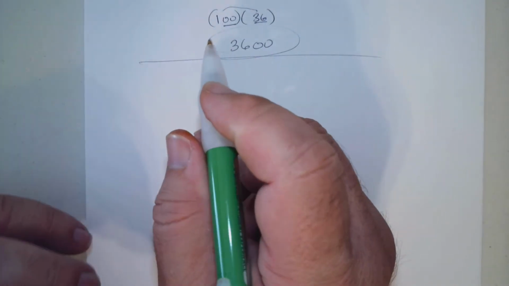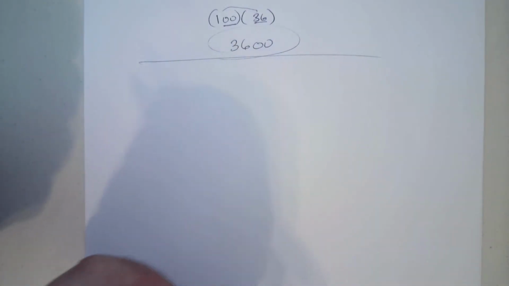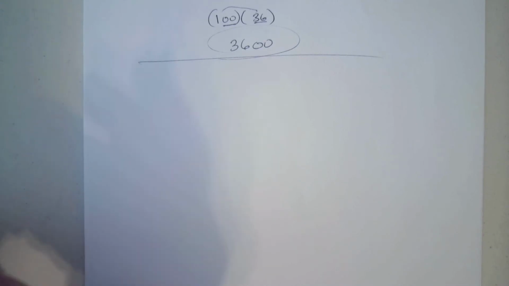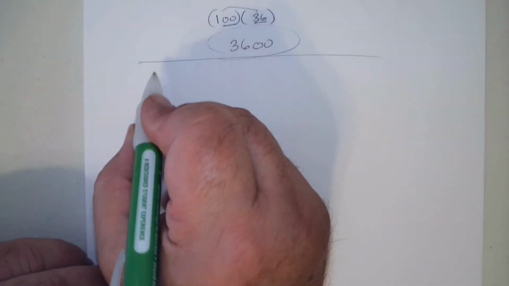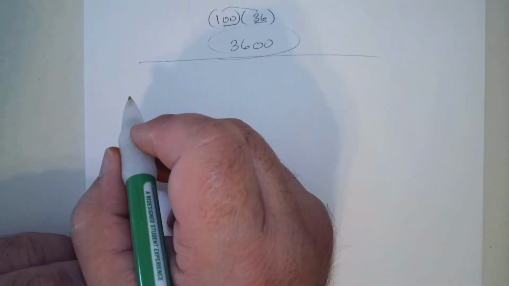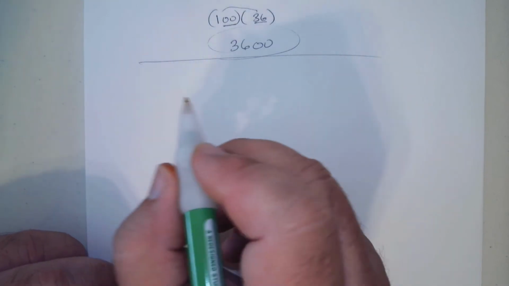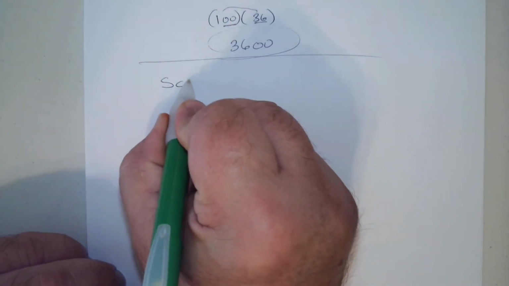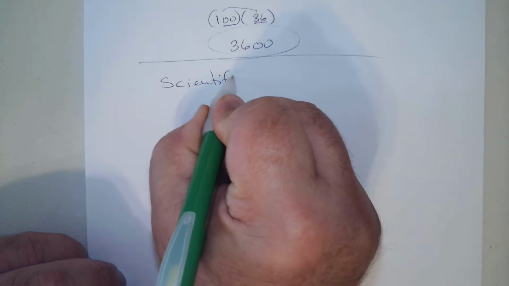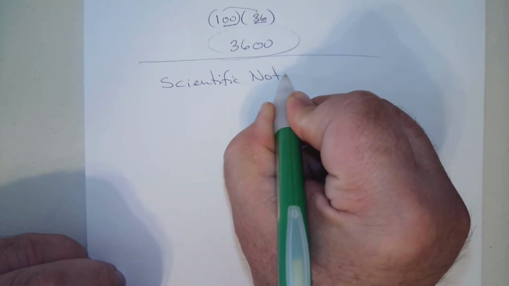Now, decimals have a lot of uses. Business uses them. We use them every day when we deal with money, because it always has 2 decimal places. But in physics, chemistry, engineering, they use something called scientific notation.